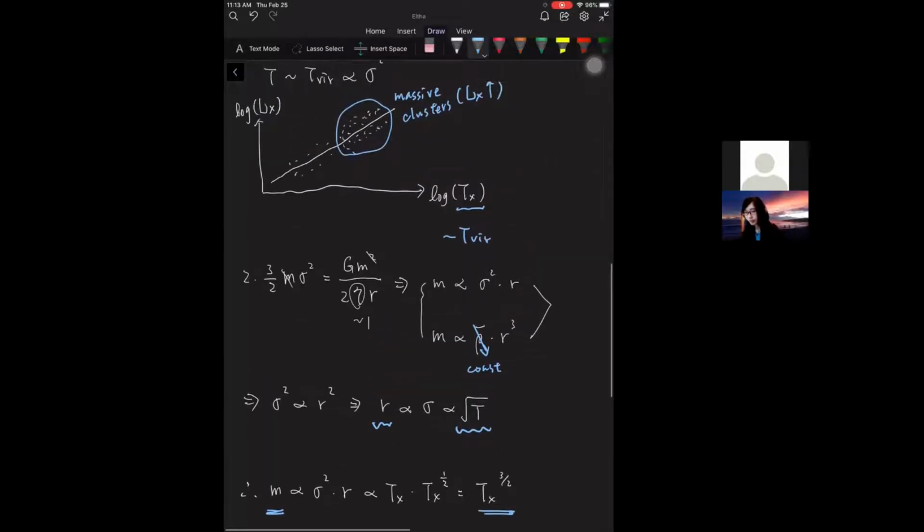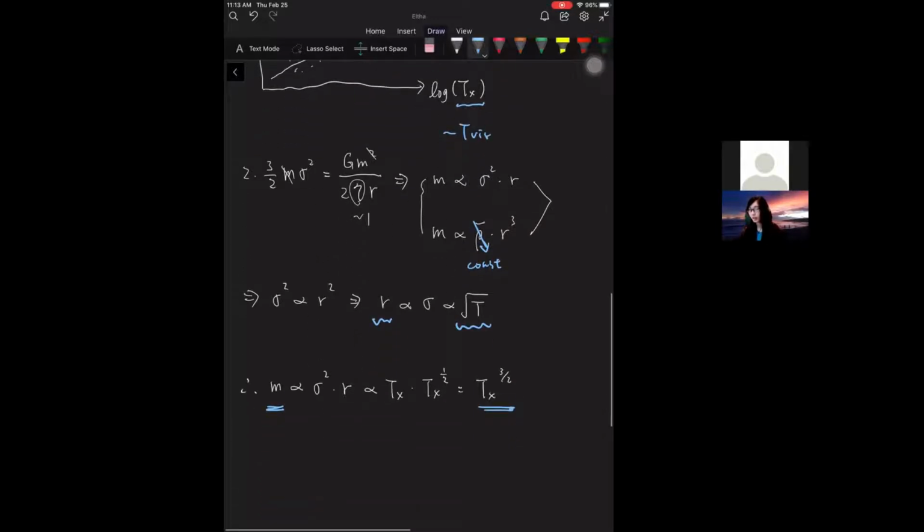So basically, the plot above here shows the relation between luminosity and temperature, not mass and temperature, right? But we know that mass is basically proportional to luminosity to some order.